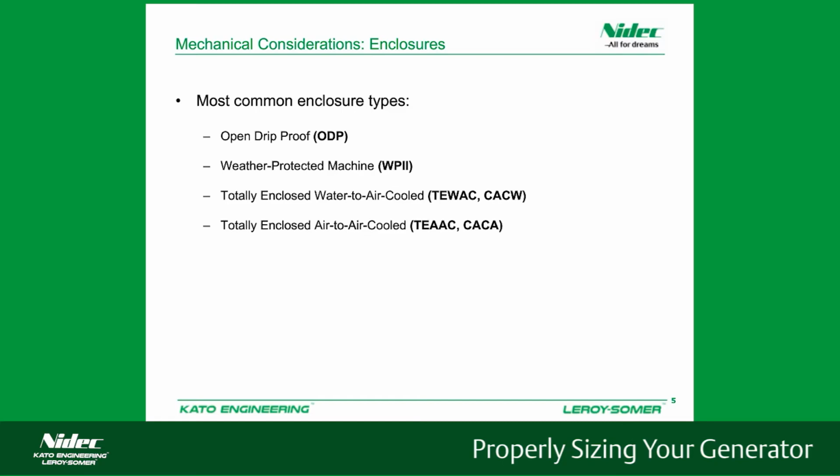And we'll also see a totally enclosed air to air cooled TAC, or also CACA, which is closed air, closed air. The other one that we'll talk about a little bit that we don't have listed on here is totally enclosed fan cooled, which is TEFC. And those are not quite as common, especially at the sizes that we deal with here at Cato.